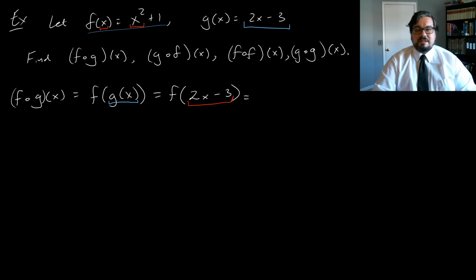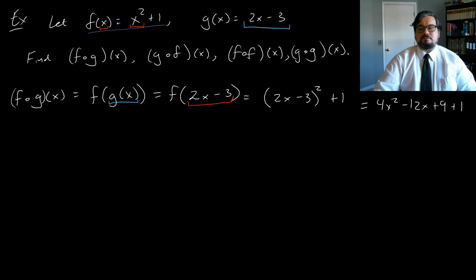So this is going to give us, instead of x squared plus 1, (2x minus 3) squared plus 1. Now we can go ahead and expand this out a little bit. If we FOIL this out, we get 4x squared minus 12x plus 9 plus 1. So, in conclusion, for this first part, we have that f composed with g of x is equal to 4x squared minus 12x plus 10.